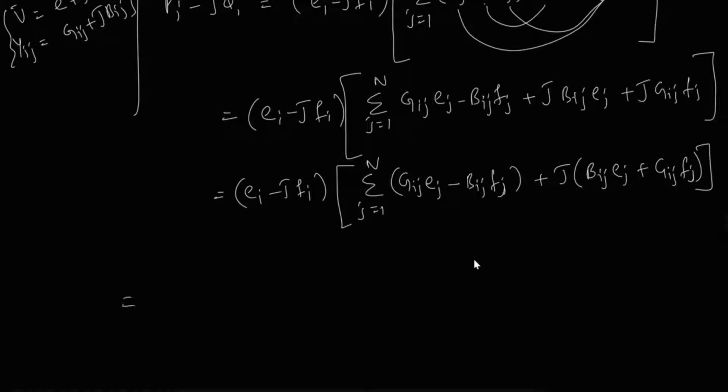So if I multiply this term again into this term, we get summation j equals 1 to n Ei Ej Gij, minus Ei fj Bij, done.